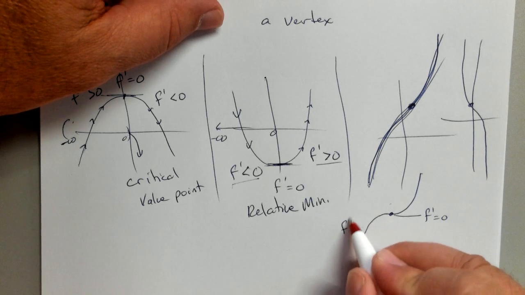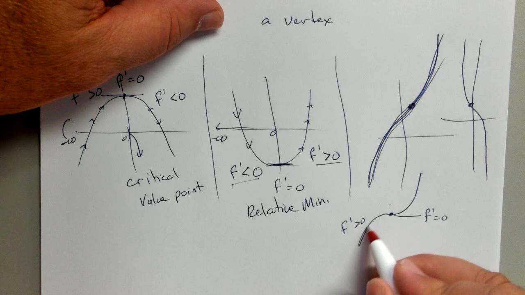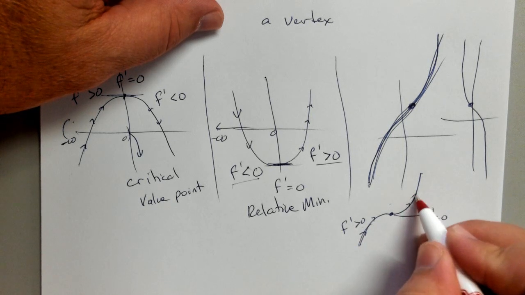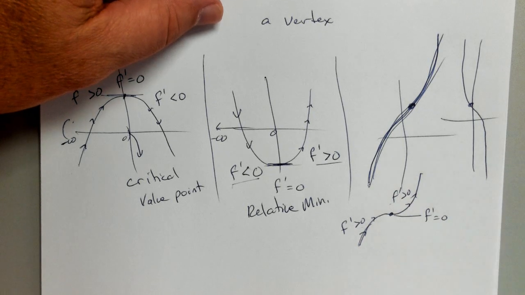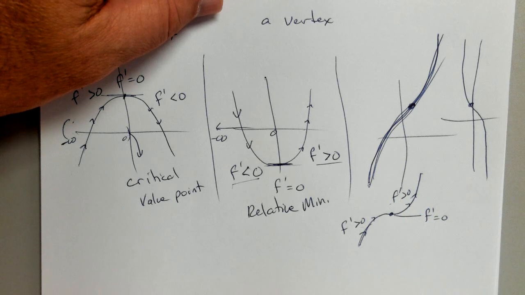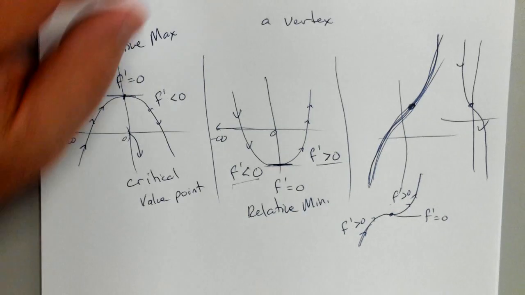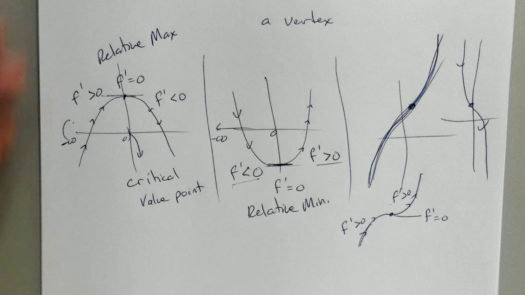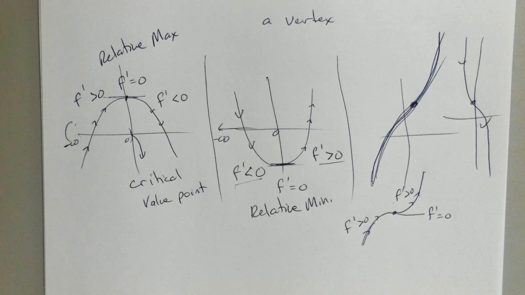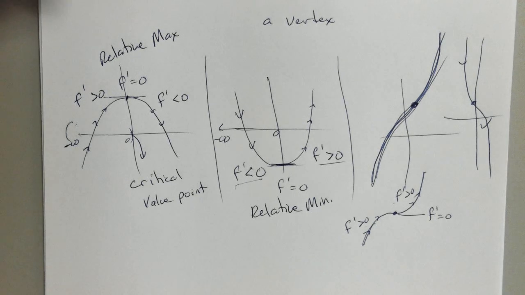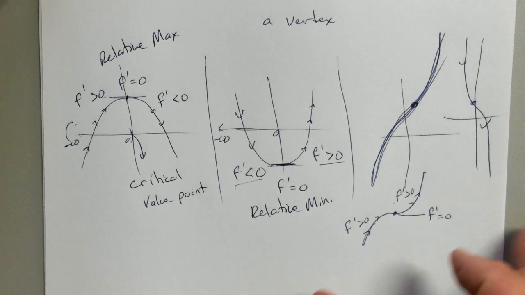Left of it, the first derivative is positive, it's going up. And then on the other side, it's also going up. Conversely, you can also have it going down. This is all we've done just by looking at the basic algebraic stuff and the first derivative.